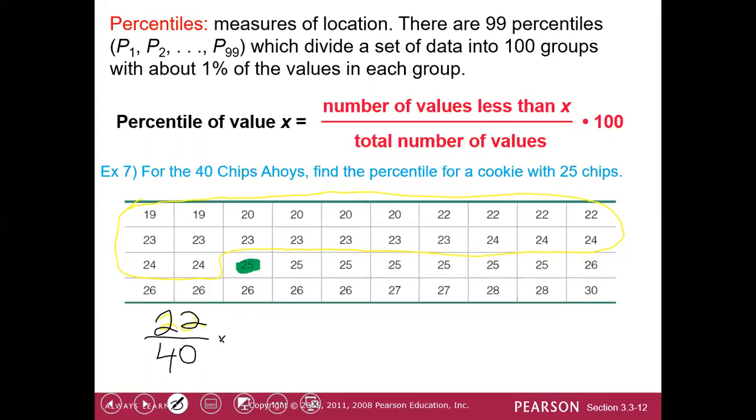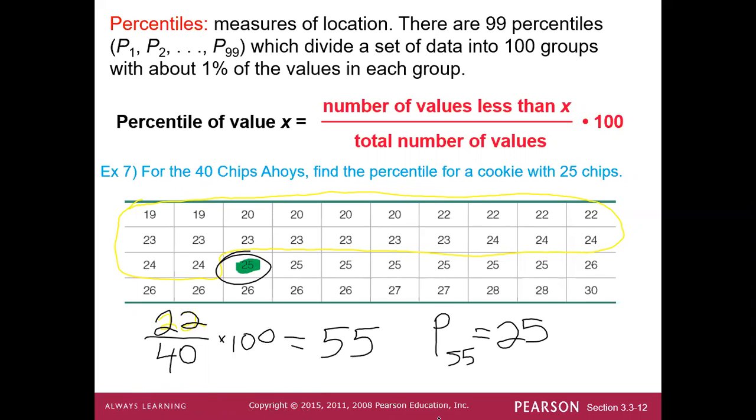And then we'll times that by 100 to turn it into a percentage. And we end up with 55. So the way I want to write this is I say that P55, that's percentile 55, is the number 25. So again, all this means is that 55% of the data is below that number.